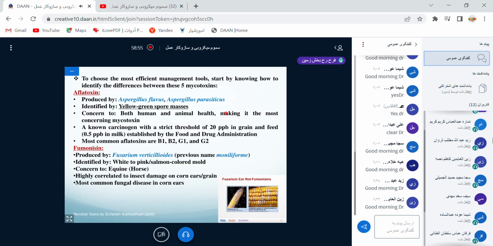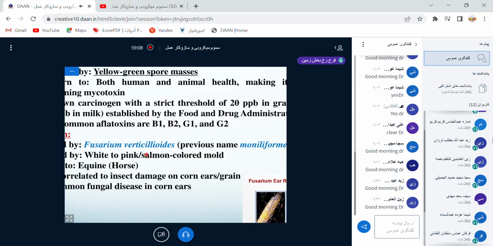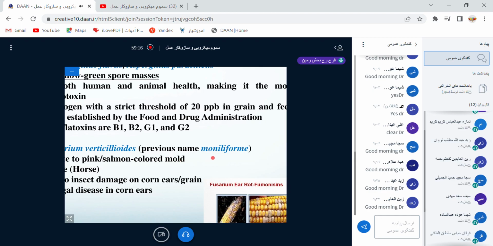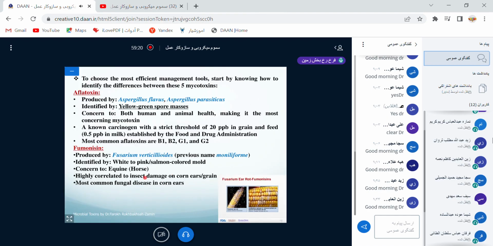The second important mycotoxin is fumonisin. Produced by what? Produced by Fusarium verticillioides, which previously was named moniliforme.